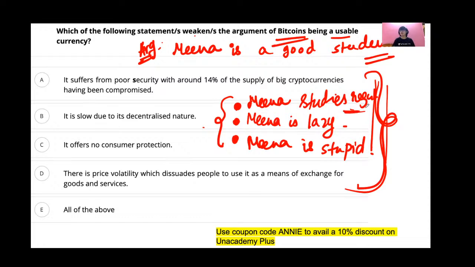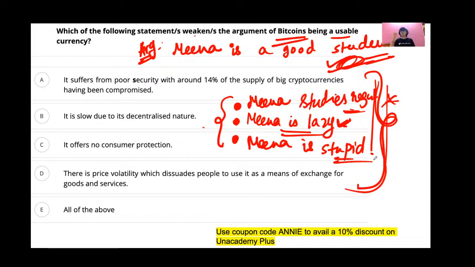Meena studies regularly. This point will strengthen this statement. Meena studies regularly, that's why Meena is a good student. So this is wrong. Meena is lazy. If someone is lazy, then the probability of that person becoming a good student lessens. So this will weaken this argument. Meena is stupid. If someone is stupid, how can that person be a good student?